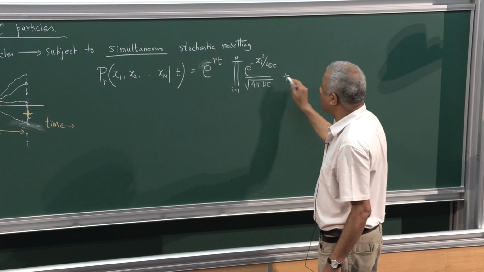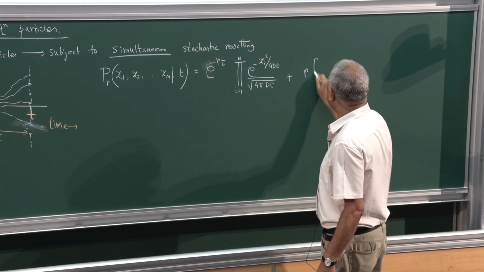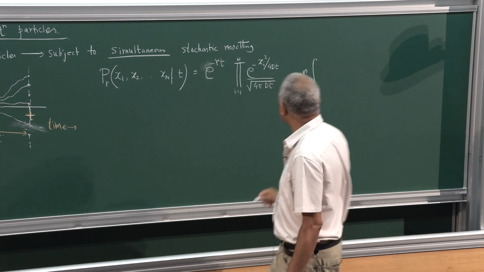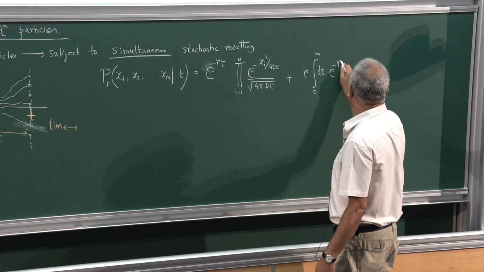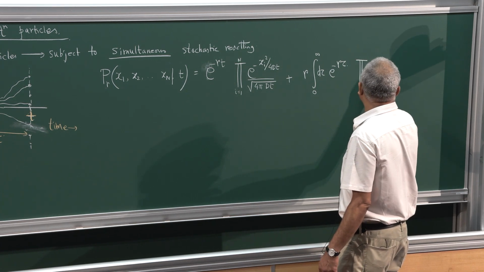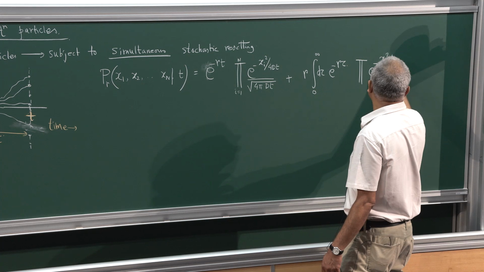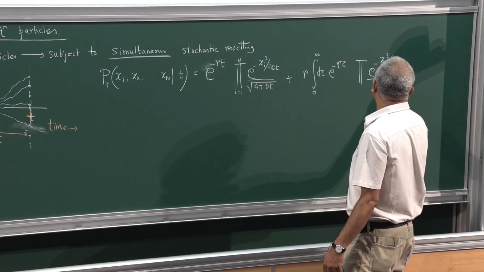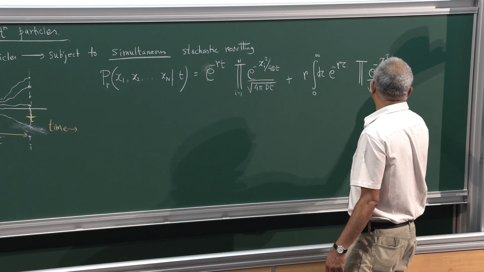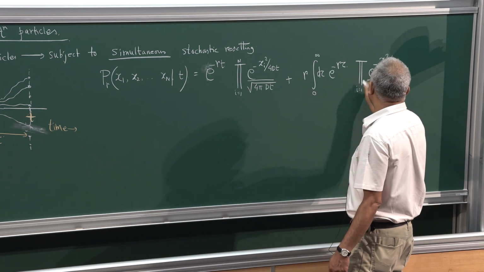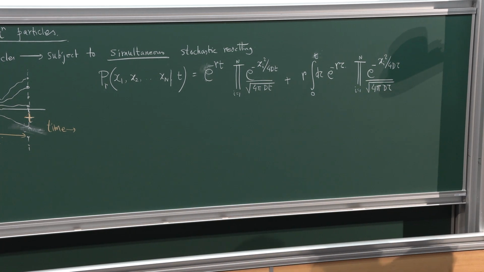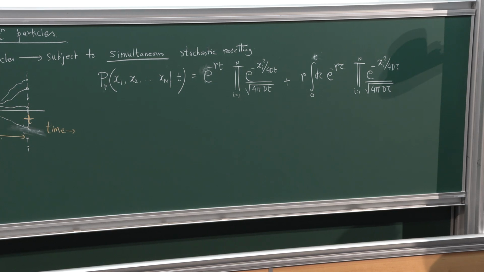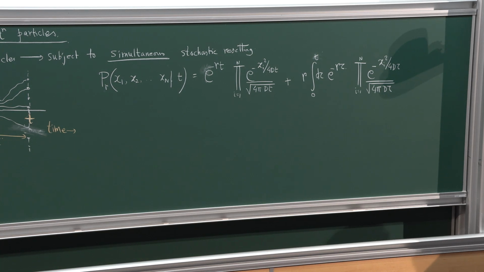And then when there are one or more resettings, we can just look at this last interval exactly in the same way as we did before. And because it's a free propagation during time tau, that's it, and this is the exact joint probability distribution at any time t.